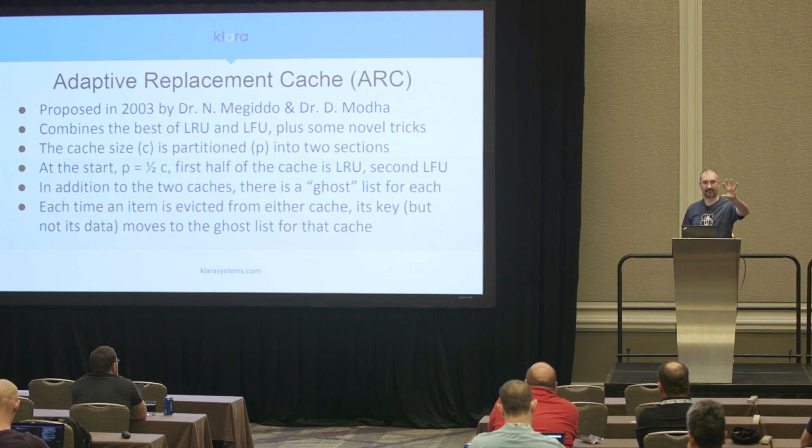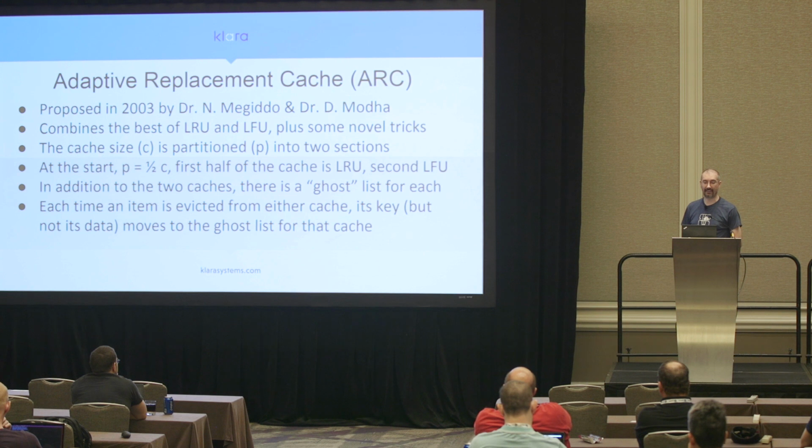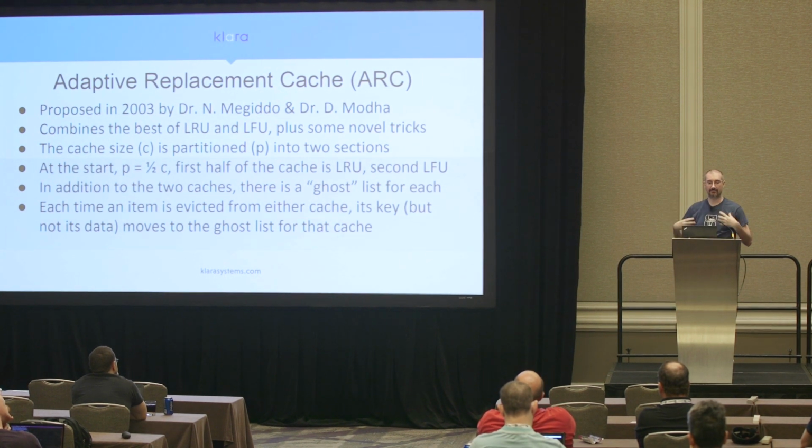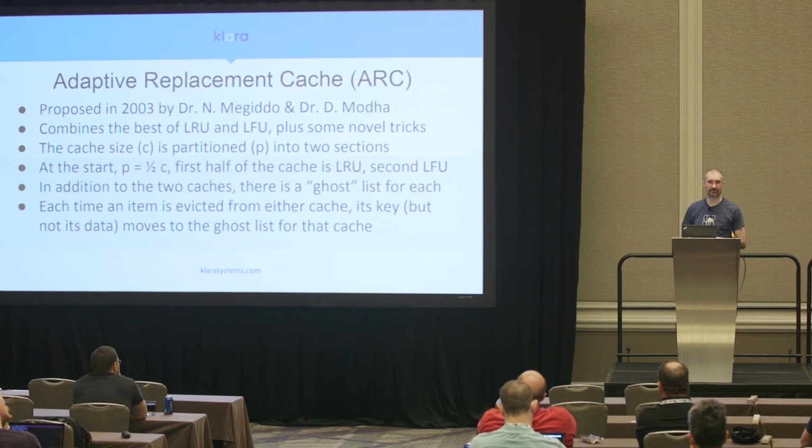And we'll do half of it as frequently used and half of it as recently used. And then, by keeping track of which one is working better, we move the partition in the middle to one side or the other, growing or shrinking the cache. So growing the cache that's working the best, that's providing the best performance for us.